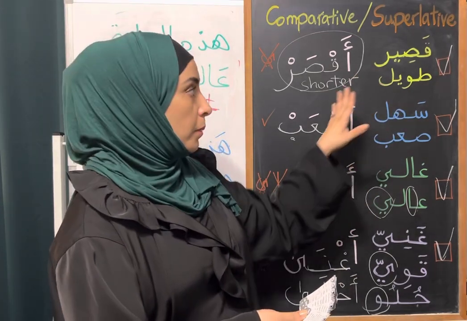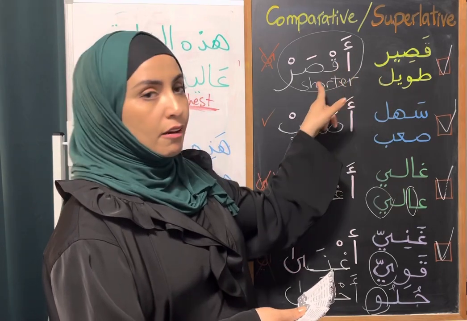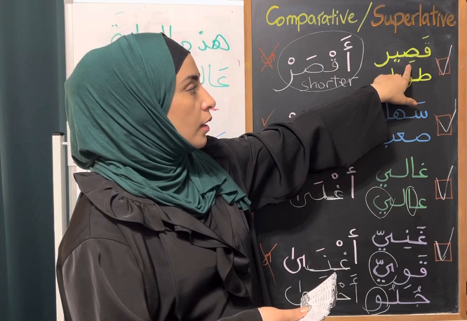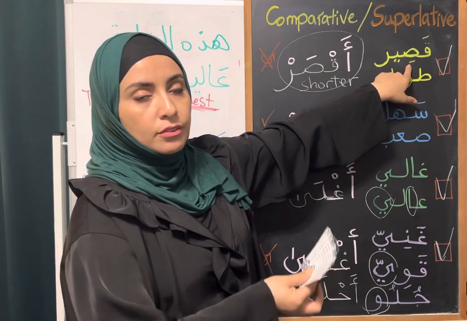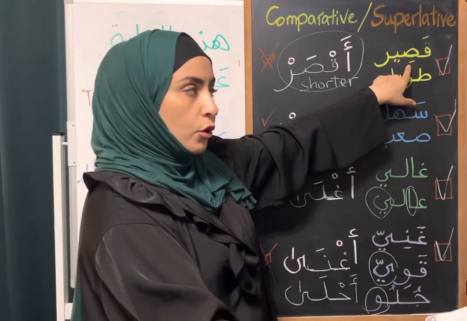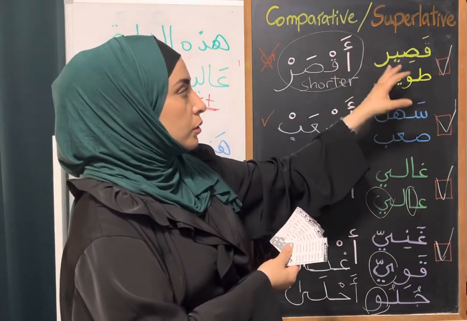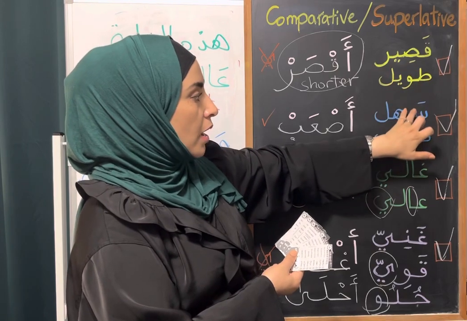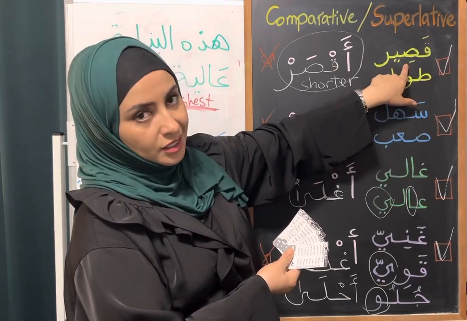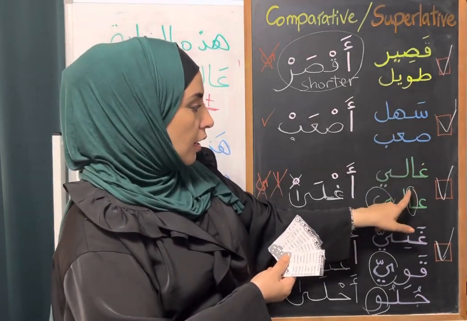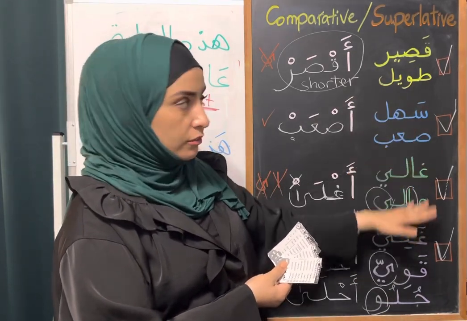This is just 1 pattern because it rhymes with أفعل. And when it comes to having the adjective as a normal word without any influence by the comparative or superlative form, of course the pattern changes, because here قصير goes with فعيل, سهل goes with فعل, عالي, and then غني. You have different patterns.